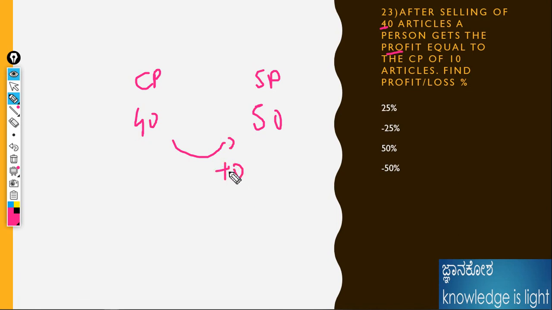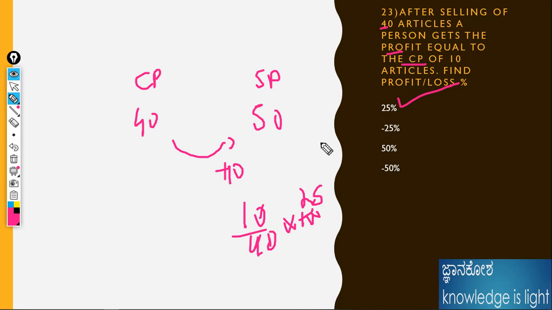Understand? So 10 by 40 into 100, the zeros cancel, 25 percent is the profit. In your mind, the selling price should be the highest value. For 40 articles, with 10 articles as profit, it should come as 50 only. That's why we need to think like that, that is the way to solve the problem.